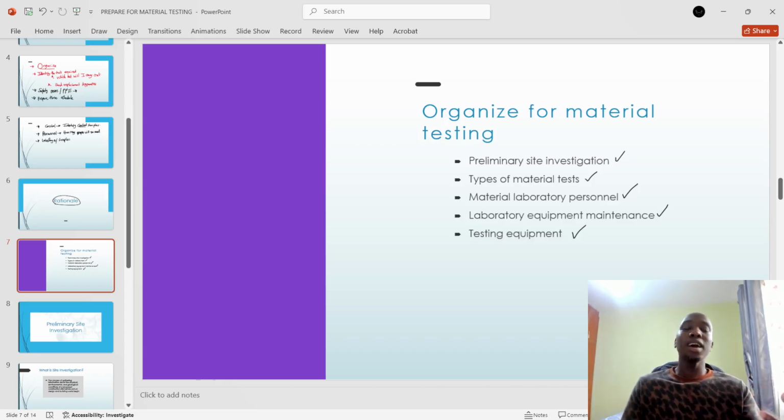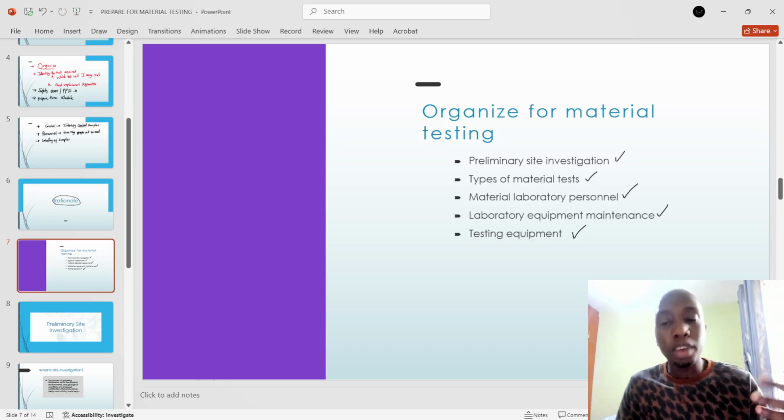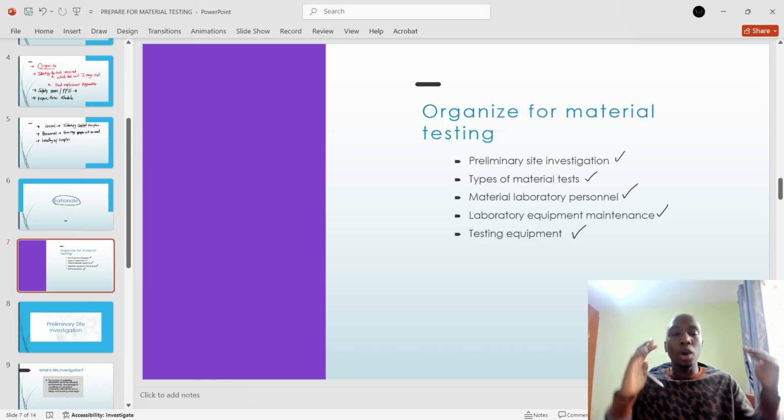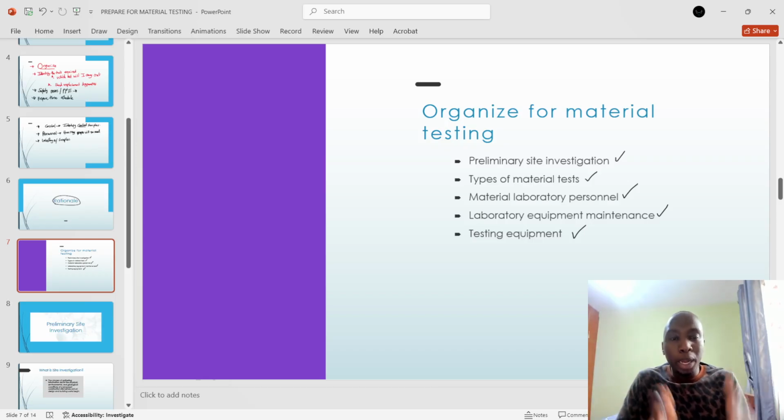In organizing, there are some tests where you will need first of all to apply oil before doing the test. All that comes in as part of organizing for material testing. So let's get started with preliminary site investigation.